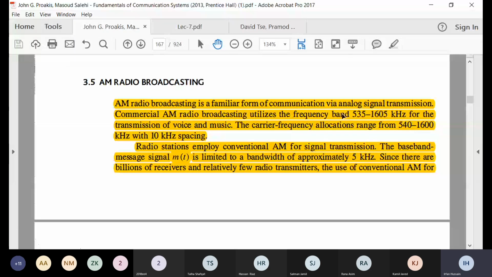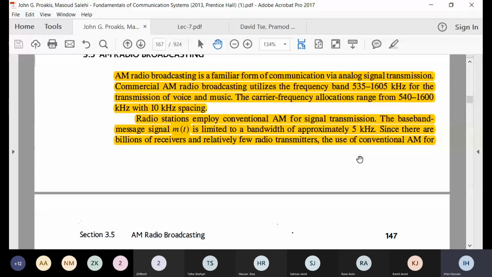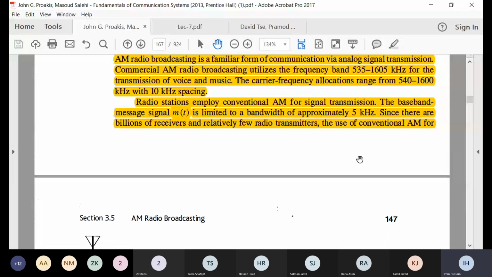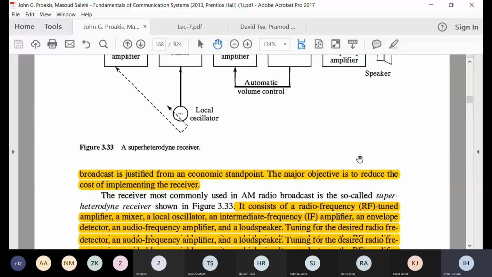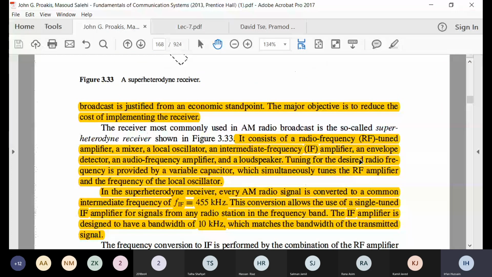If you use a carrier of, let us say, 537 or 538, then part of its sideband will lie below 535, and hence it will violate the industrial allocation to that radio channel. So radio channels, as we have seen, apply AM for transmission. The bandwidth is 5 kilohertz for the low pass or baseband signal, and we know that we have billions of receivers and few transmitters, so double sideband is justified.